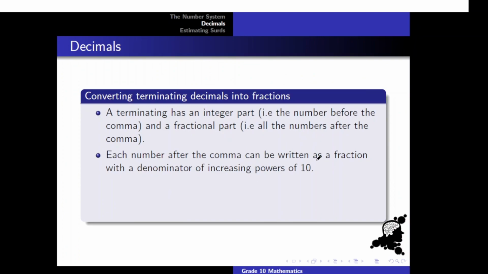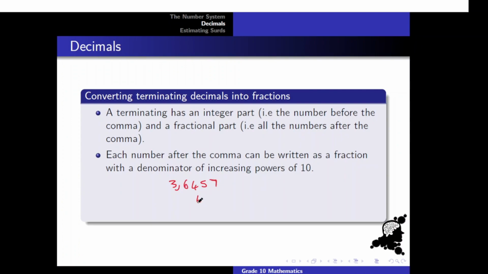Each number after the comma can be written as a fraction with a denominator of increasing powers of 10. Does this make sense? No. Mr. Brown, what are you saying? Let me show you what I'm talking about. If I take, let's say, 5,647, let's look at the fractional part, meaning the part after the comma.